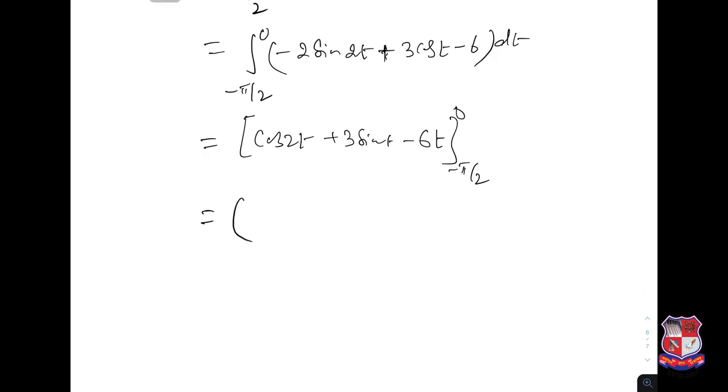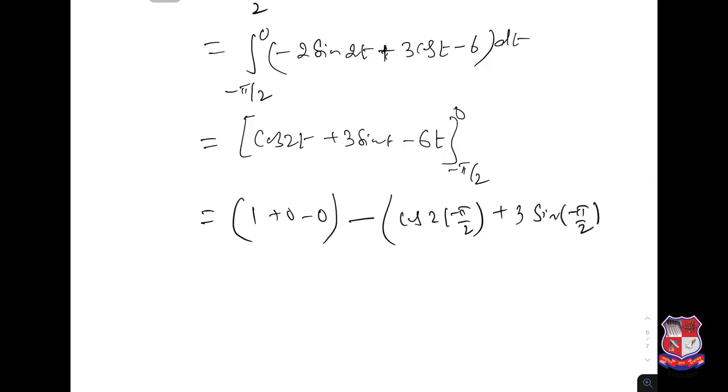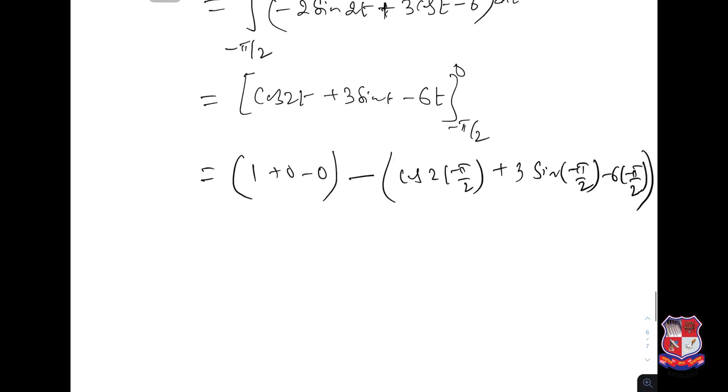And so if you put 0 here, cosine 0 is 1, sine 0 is 0, t is 0, then minus pi by 2 in cosine 2 minus pi by 2, plus 3 sine minus pi by 2, minus 6 minus pi by 2.